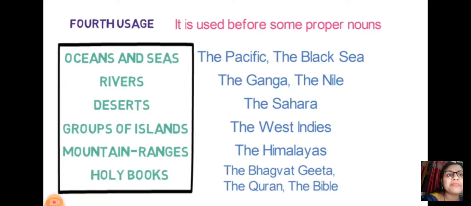The Pacific, the Black Sea, the Ganga, the Nile, the Sahara, the West Indies, the Himalayas, the Bhagavad Gita, the Quran, the Bible. They are only one, so you can use the before them, because these proper nouns indicate that they are particularly one.